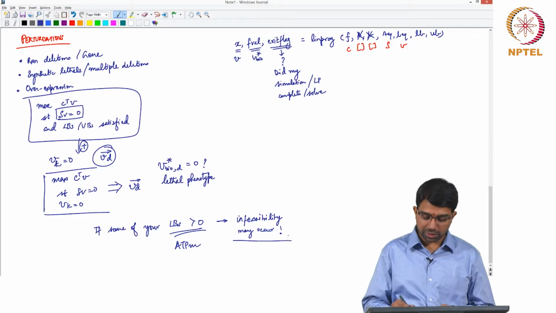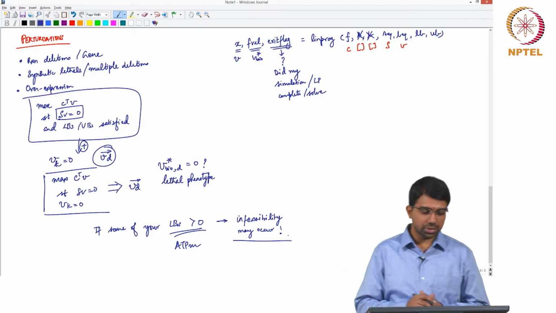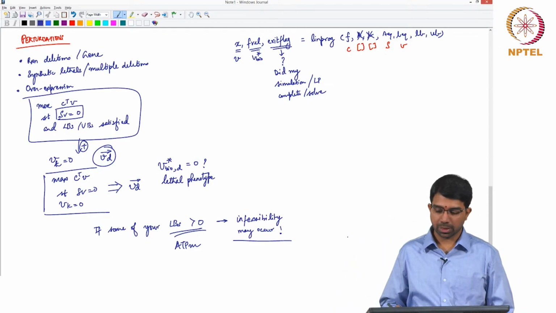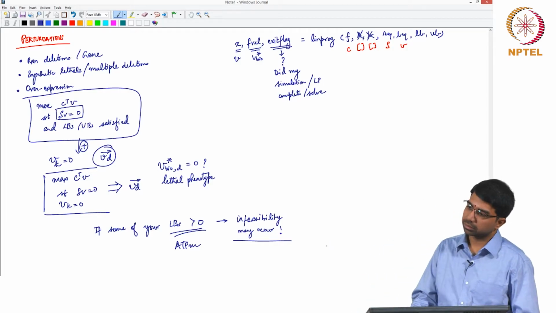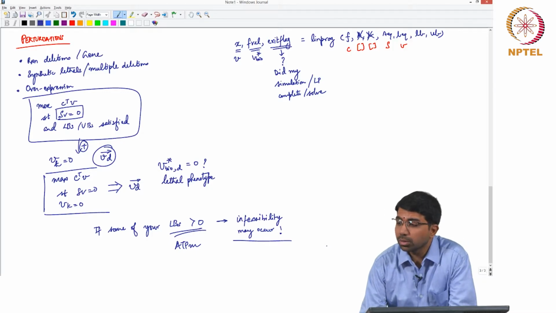So, I have an infeasibility, hence lethal phenotype. So, this is something to remember. But the ATP maintenance, if it is not being able to meet it, then automatically biomass will be 0.